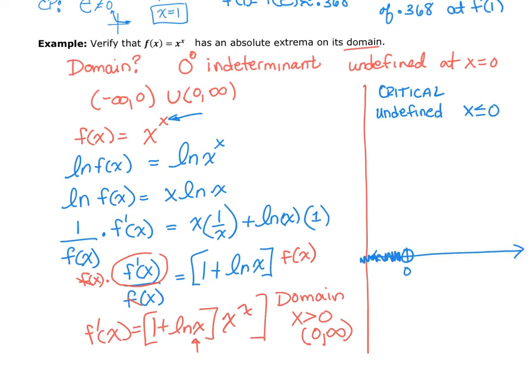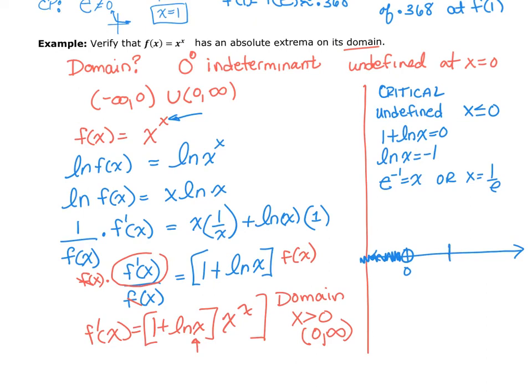And then we have to ask ourselves, when will 1 plus the natural log of x equal 0? Well, that gives us the natural log of x equaling -1. So e to the -1 equals x, or alternately 1 over e.